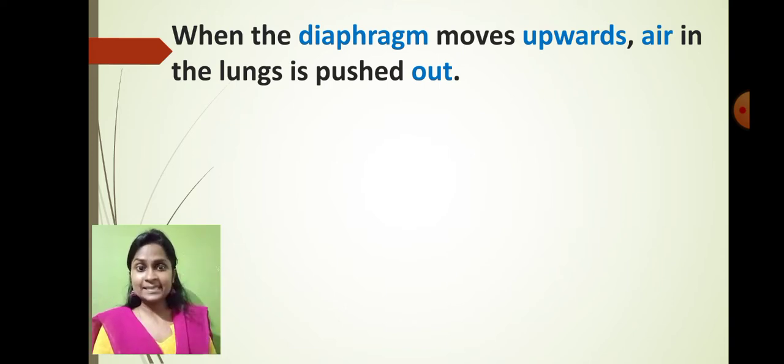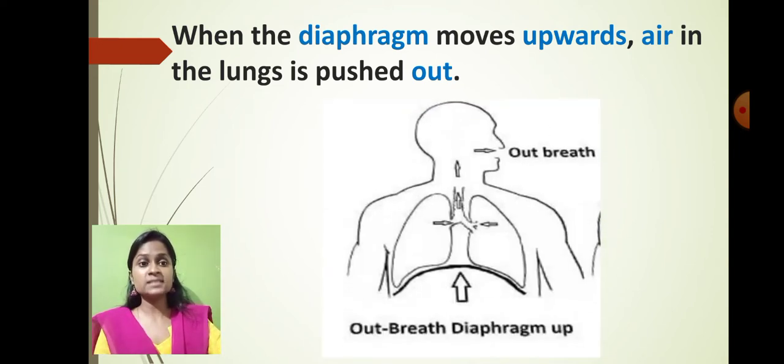Exactly in the same manner, when the air which is filled inside the lungs comes out, the lungs will come back to their original shape and size. So you can see that when the air goes out from the lungs, the diaphragm is pushed in the upward direction. This is the original shape of the diaphragm.